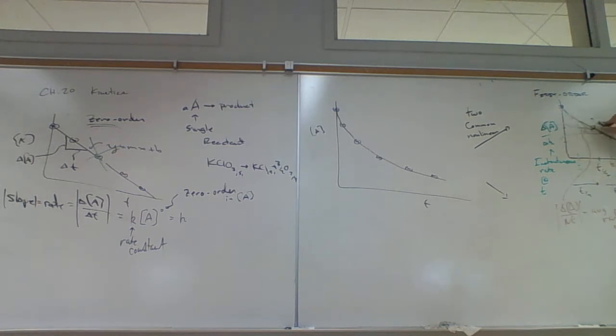If I cut the concentration in half, did the slope get cut in half? Well, that's a pain. Three is making a plot of ln of A versus t. If a plot of ln of A versus t is linear, then we're good. This is first order. If it's first order, then we can calculate the concentration at any time, or we can calculate the time interval required for any concentration change. And so this is the mathematics of this.